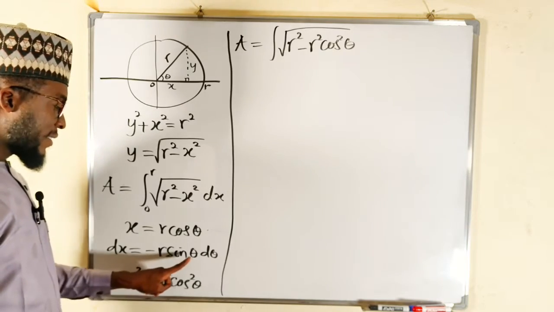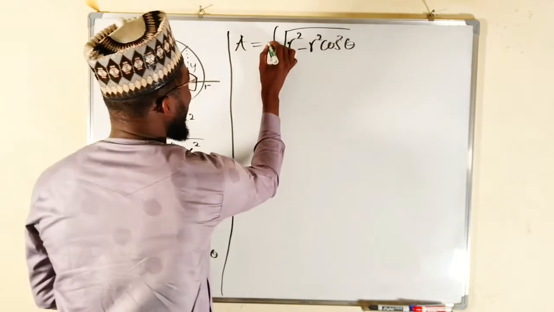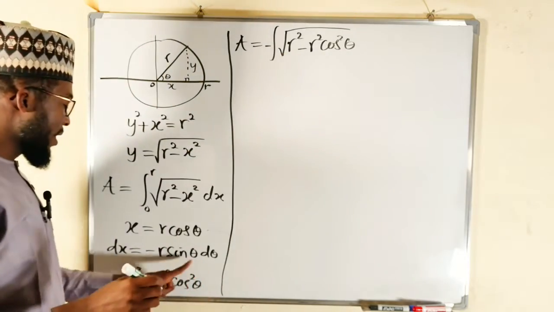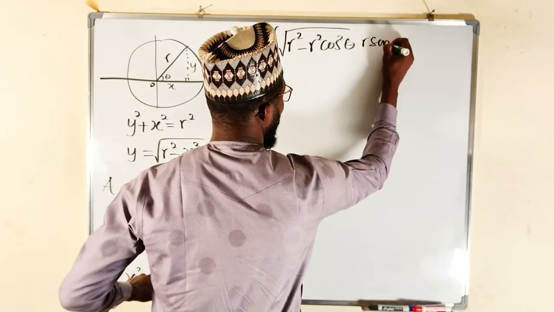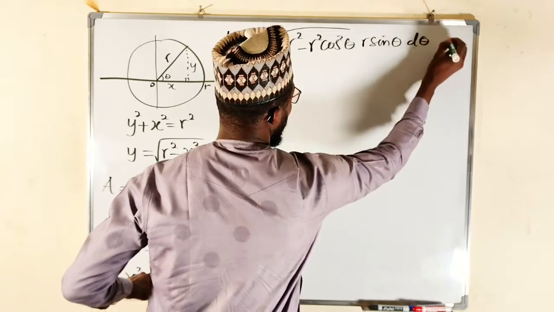Negative r sine theta d theta. So I can bring the negative outside here before the integral. Then we have r sine theta d theta.